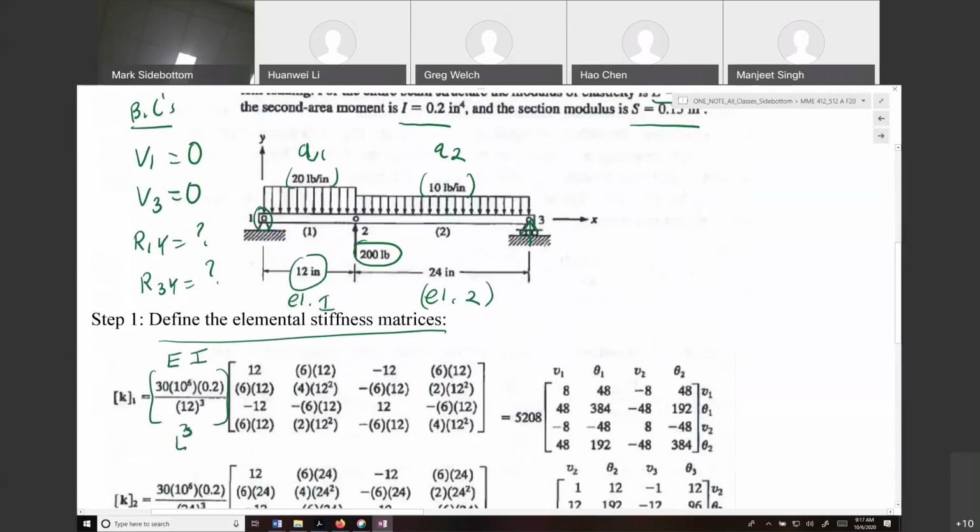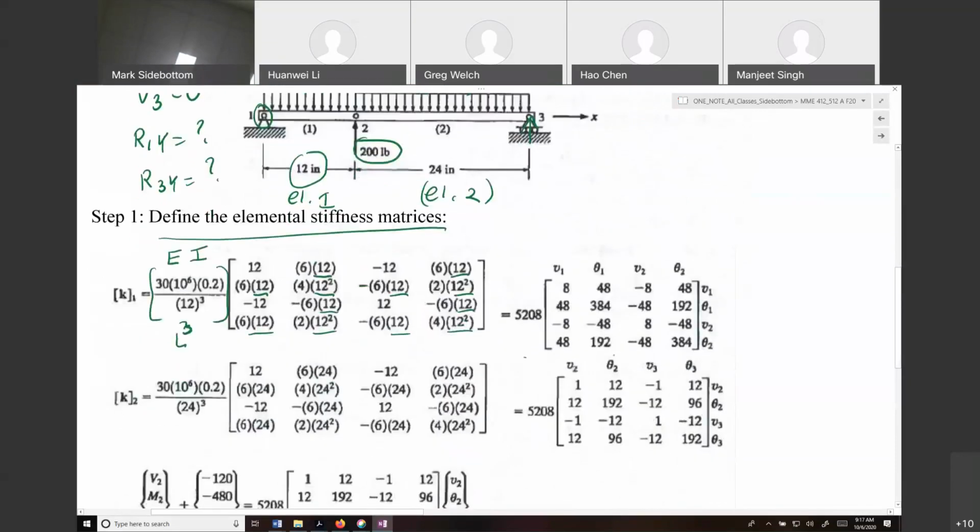Everything in this matrix I'm going to highlight and underline in green. This is just the length. All of these are things that are just given to you, so all you have to do is calculate it, and you end up with this matrix here.